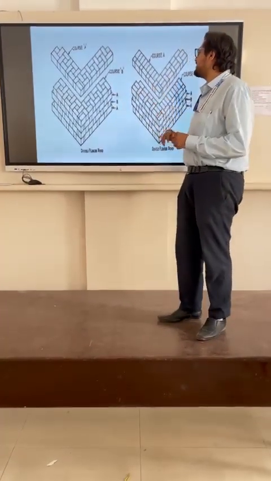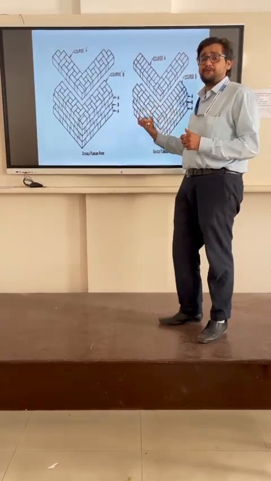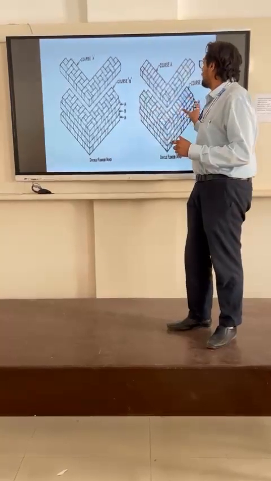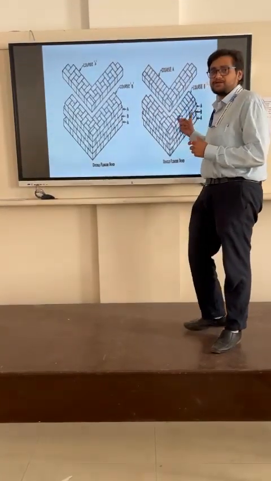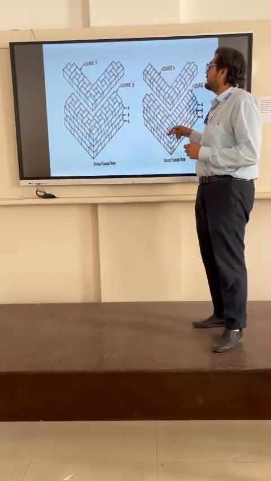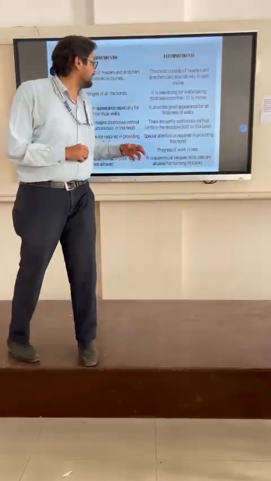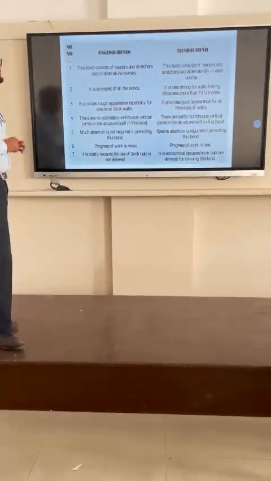These are some arrangements of bricks in different layers that can be used as header and stretcher bonds in the particular Flemish bond. These are the points of difference between English and Flemish bond.